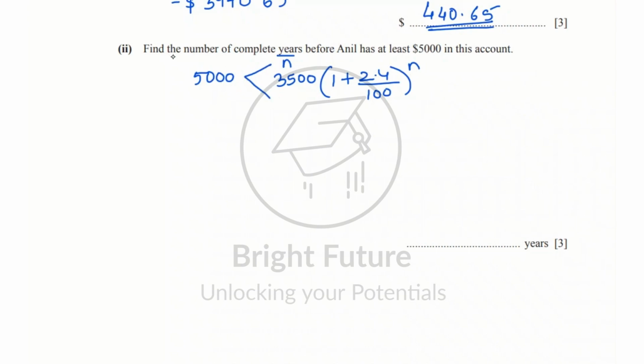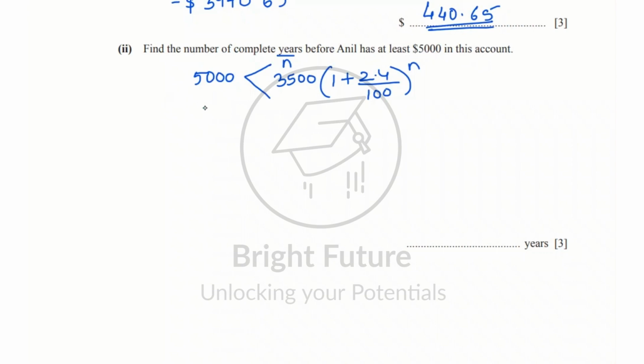It won't be equal because it says find the number of complete years, that is N, before Anil has at least 5,000 in his account. So you have to find out the value of n when the value is greater than 5,000. So he needs to have at least 5,000 in his account.